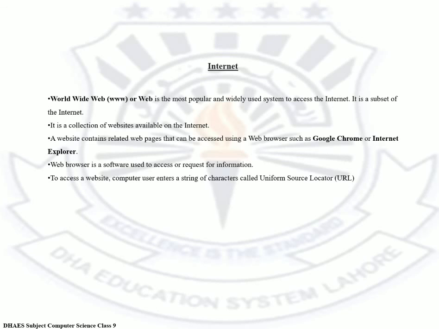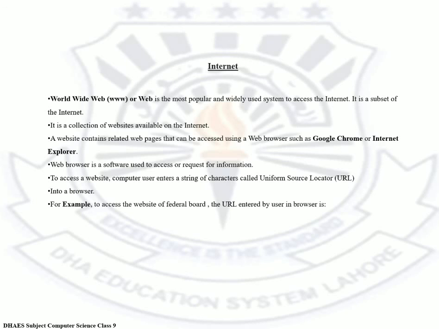A web browser is a software used to access or request for information. To access a website, computer user enters a string of characters called URL, Uniform Resource Locator, into a browser.